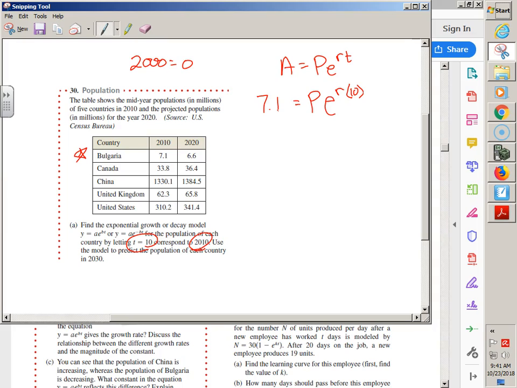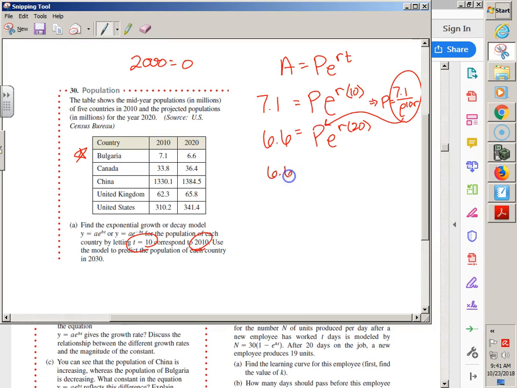Oh, but wait. Couldn't I also say what was going on in 2020? Wasn't it 6.6 million people? Isn't it just a little baby system of equations? Two equations, two unknowns. We should be able to do that. For instance, isn't P going to equal 7.1 over e to the 10r? And couldn't we plug and chug?